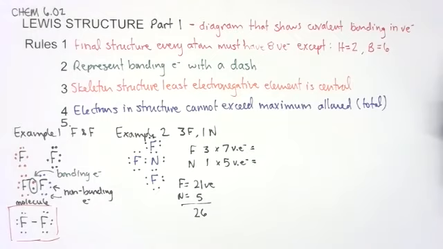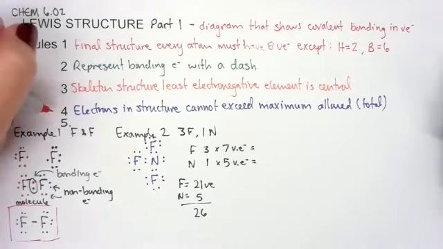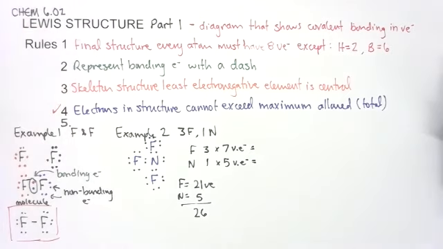You're going to have to do a check for this at the end when you want to check your structure. So I know I have 26 electrons.